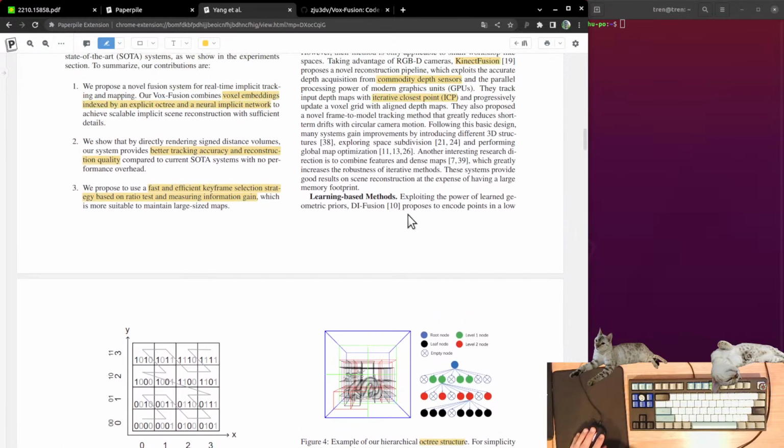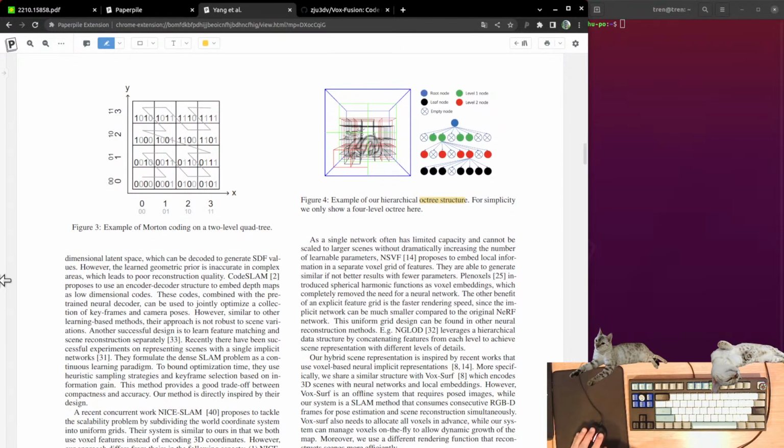Okay, they kind of reference some of the earlier works where people are using the low-dimensional latent spaces of neural nets. Here they say that the geometric prior is inaccurate for complex scenes. Encoder decoder, so this is probably kind of around the timeline of VAEs, whenever that kind of craze took over.